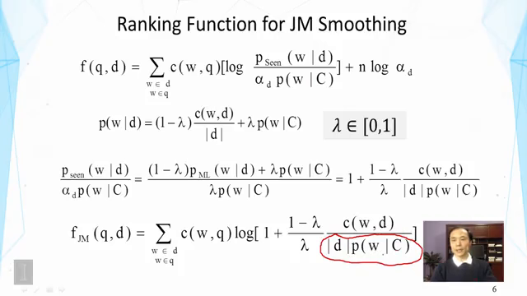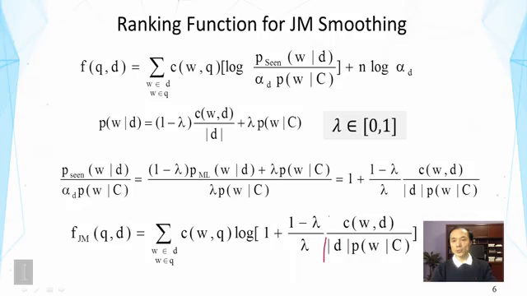So this actually can be interpreted as the expected count of a word, if we're going to draw a word from the collection language model, and we're going to draw as many as the number of words in the document. If you do that, the expected count of a word W would be precisely given by this denominator.